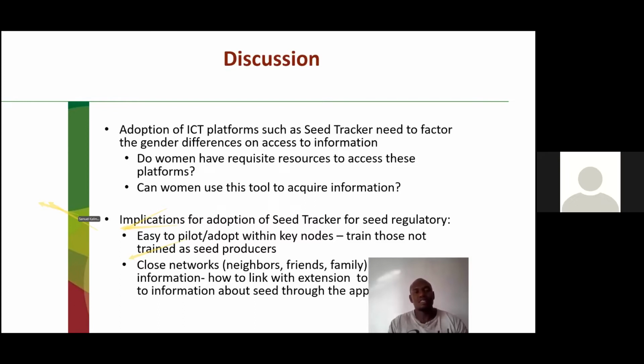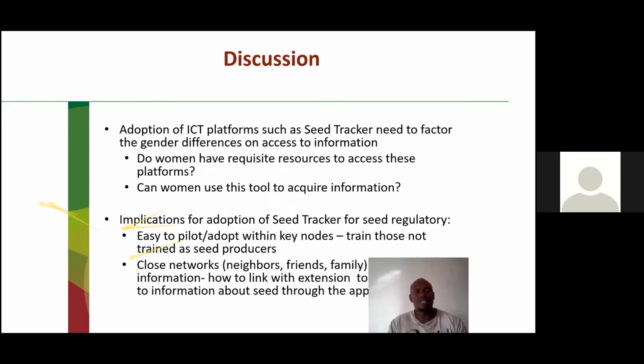From what we see, it's easier to pilot it within key nodes and then train those not trained as seed producers. By key nodes, I mean, for instance, the farmers or respondents who had more than 10 links.